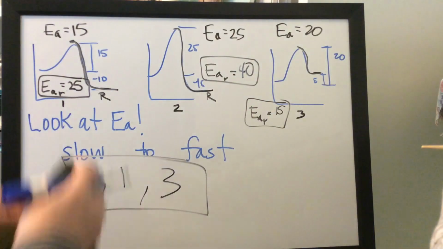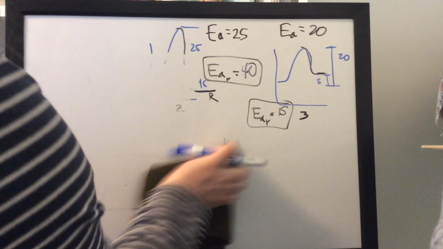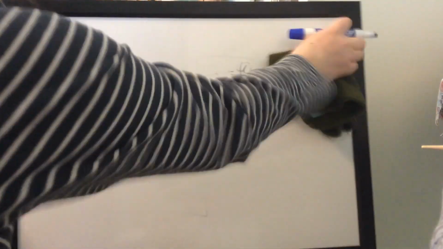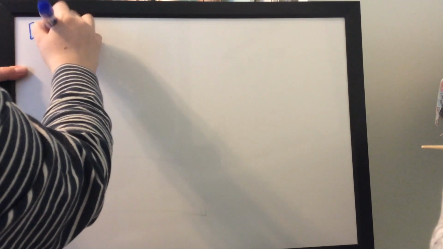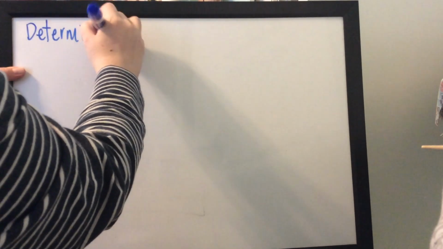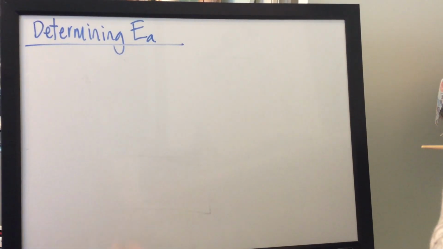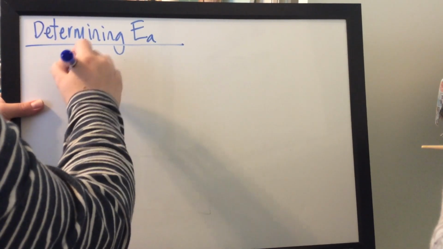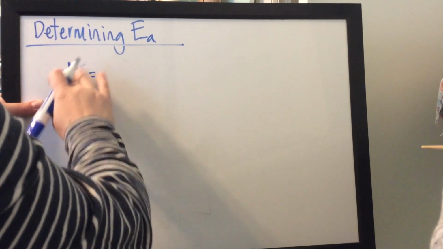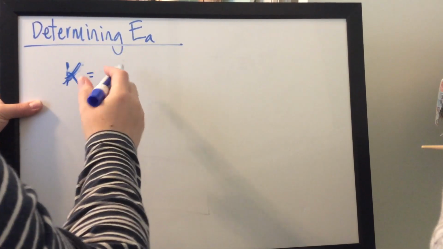Okay, and very last section, and this is where the graphical analysis comes into play. So it says determining activation energy. Okay, so we just saw this. I should make that a cursive k. Whatever.